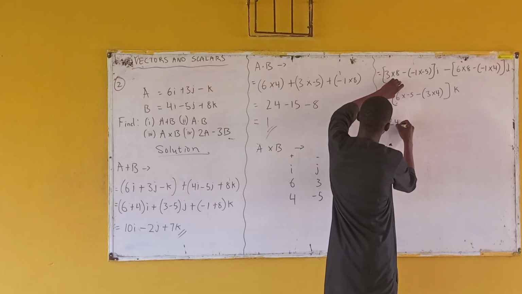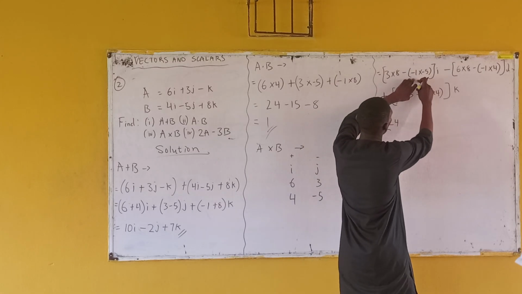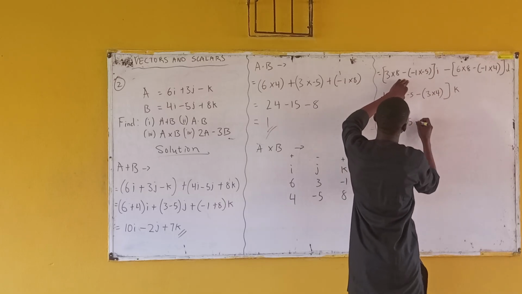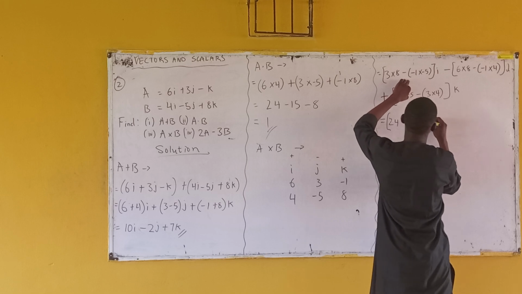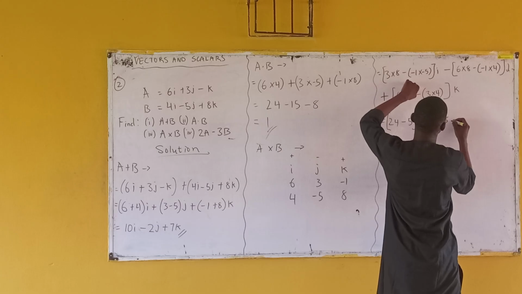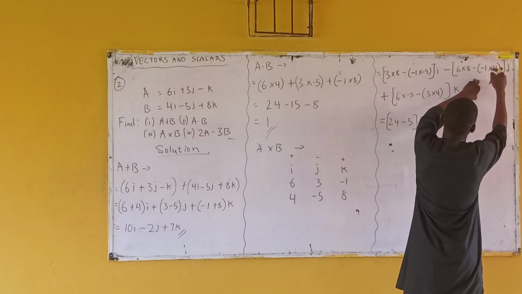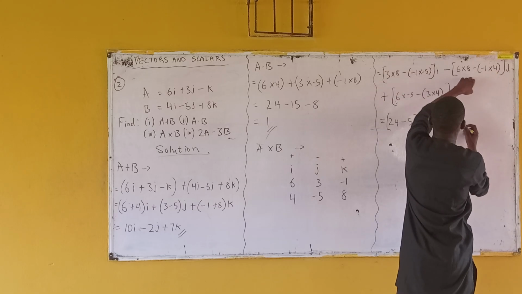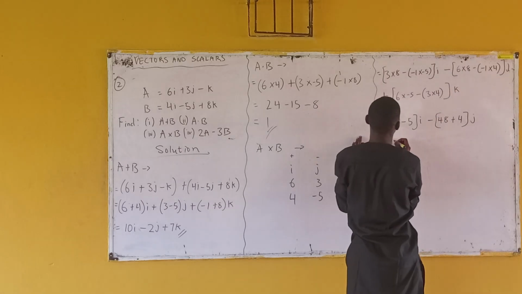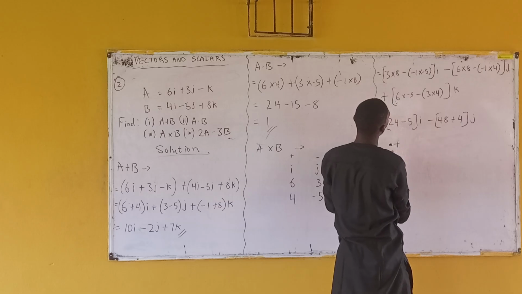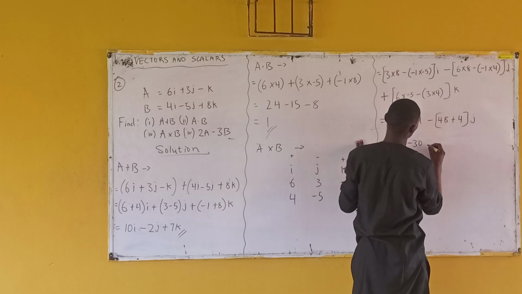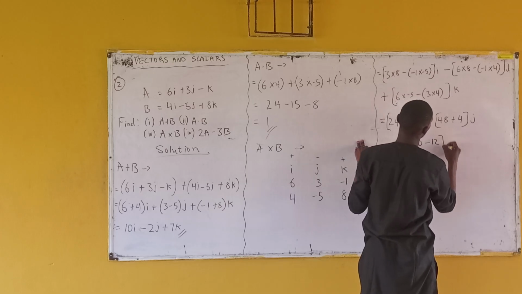So 24 plus minus 1 times minus 5, that's 5, so that's 24 minus 5 for i. Then minus: 6 times 8 is 48, plus minus 1 times 4, that's minus 4, so 48 plus 4 for j. Then plus, 6 times minus 5 is minus 30, minus 12.